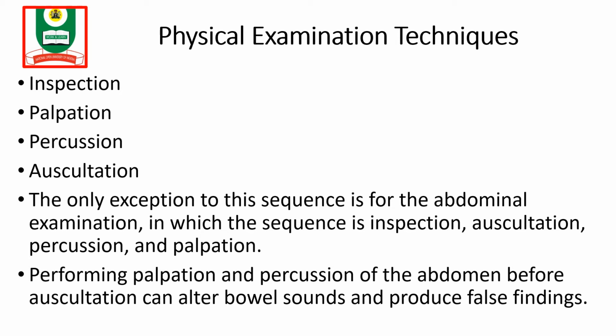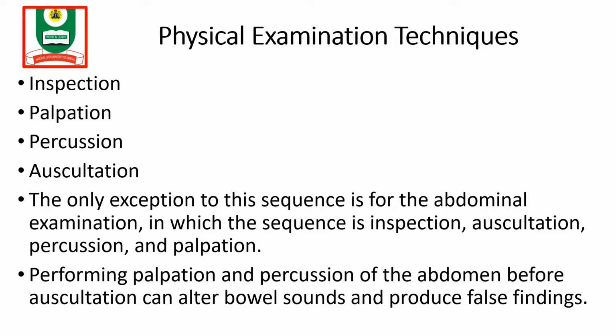And why this sequence is not followed when performing an abdominal examination is because when you palpate or percuss before auscultation, it will alter the abdominal or bowel sounds, and it will make the result that you get at the end of the day a false finding.